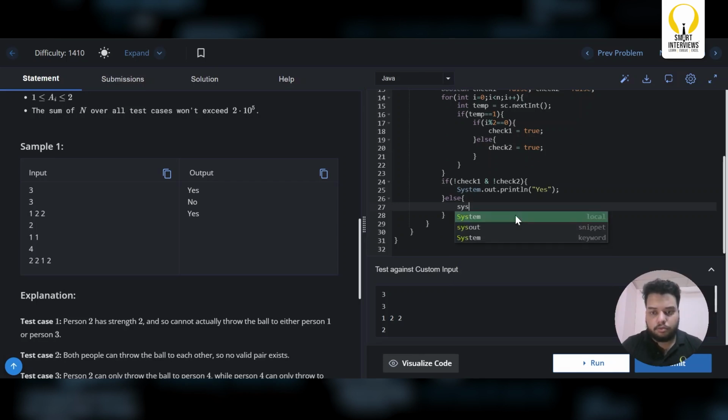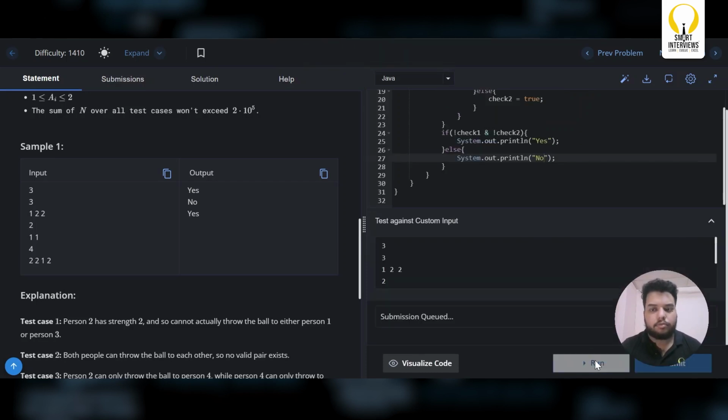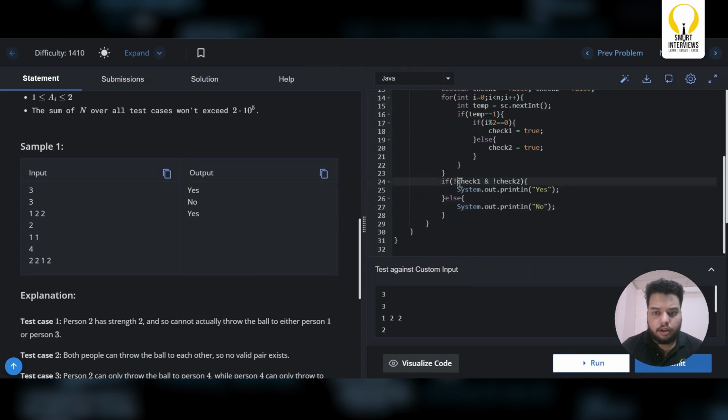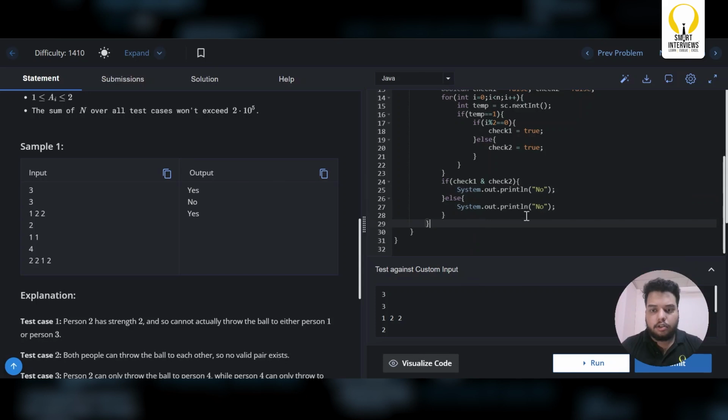So let's try to run it. Okay, I think there's a confusion. If check 1 and check 2 both are true, then it should be no. There was a confusion. Otherwise, yes.